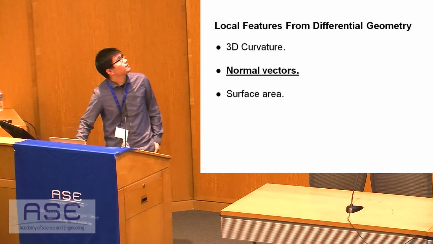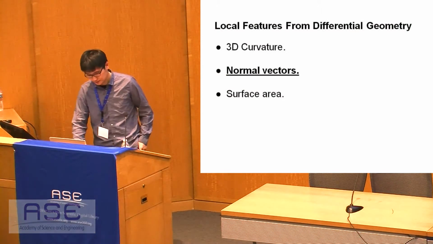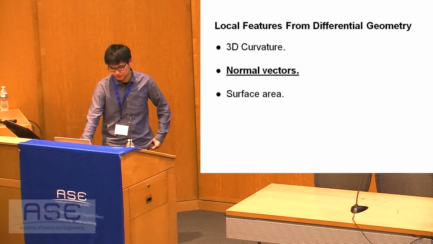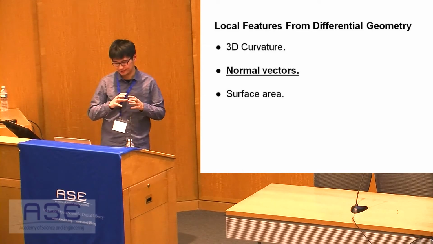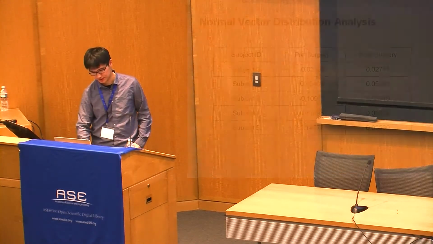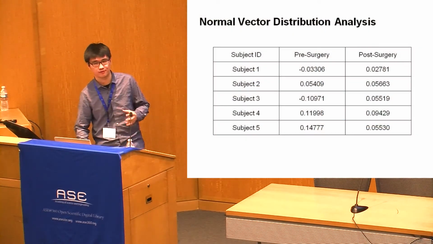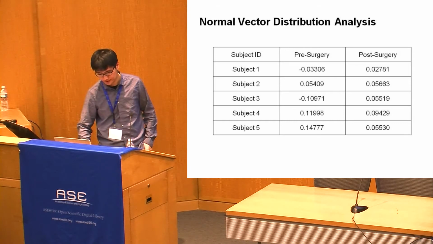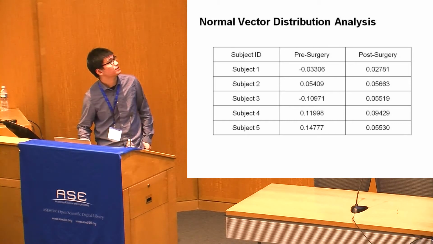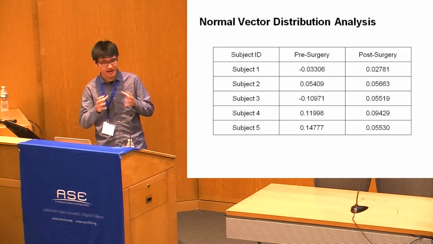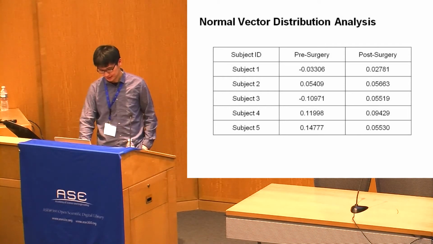So the next measurement is the normal vector. Based on the normal vector, we define a measurement to measure whether the head is symmetric or not. We have a more complicated formula in our paper, but generally, when the absolute value of this measurement is small, that means the head is more symmetric.